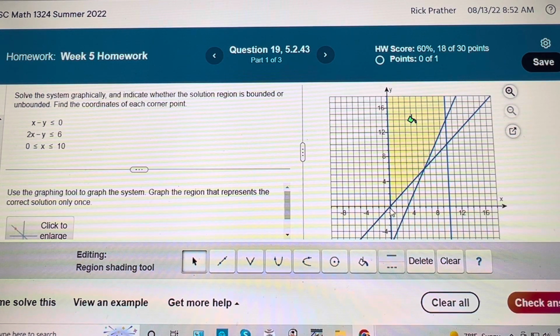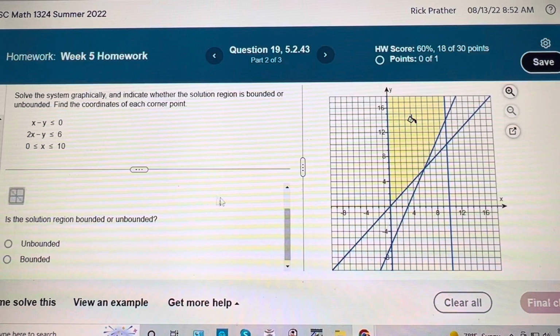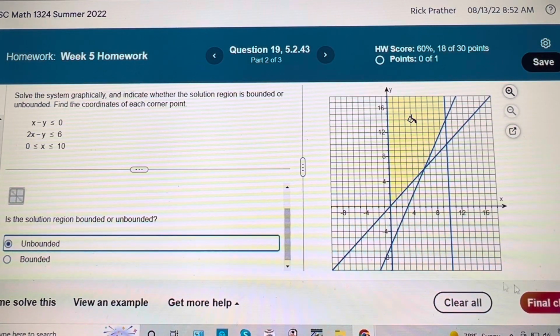And then that's got a corner point right here at the origin. There's another corner point here, and there's another one there, and it goes up forever. So this is unbounded, no maximum, but there could be, in fact there is, one of these three corner points is going to be the minimum. It's unbounded because it goes up forever.